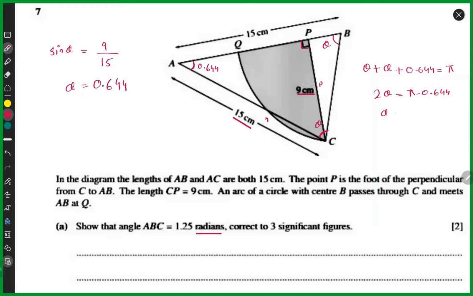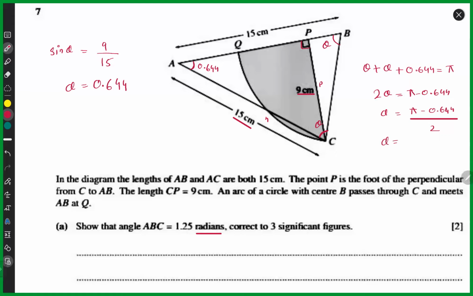So theta is equal to pi minus 0.644, divided by 2. Obviously 0.644 is a rounded version of something. The exact figure would be stored in your calculator because this was the last working we did. So just press pi minus answer divided by 2.